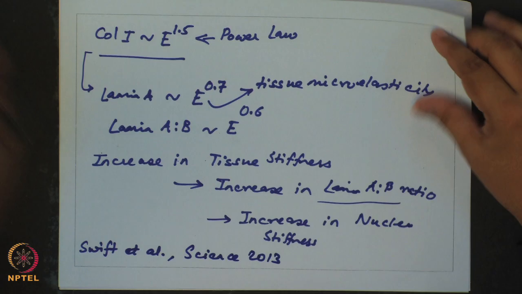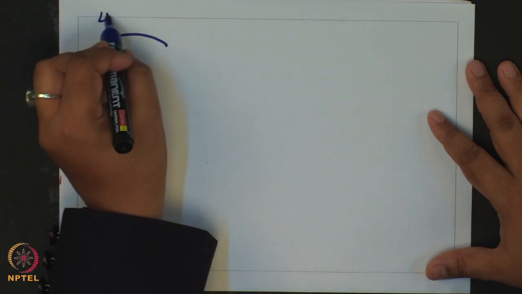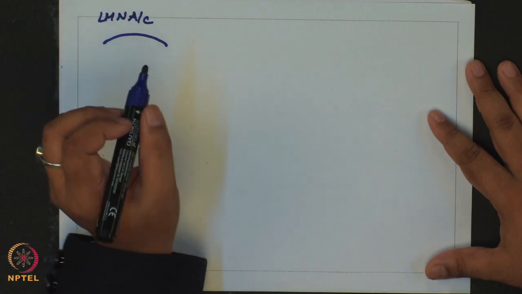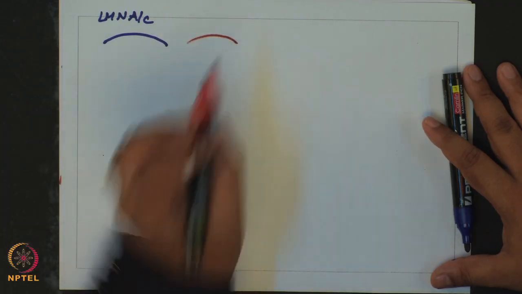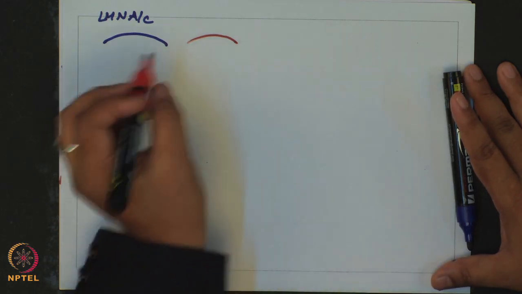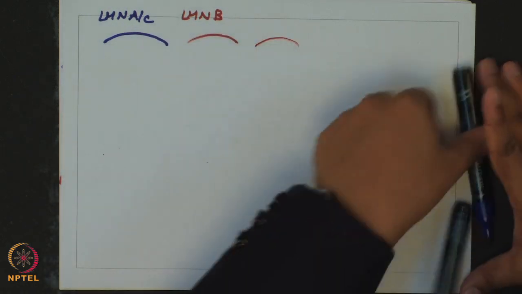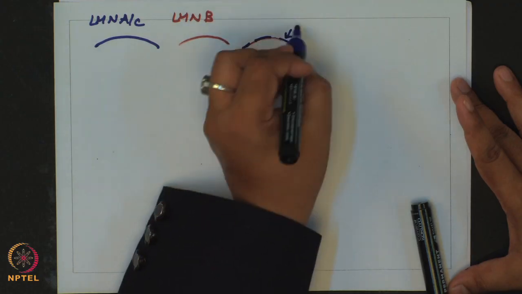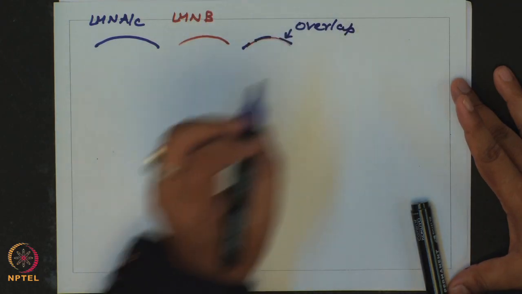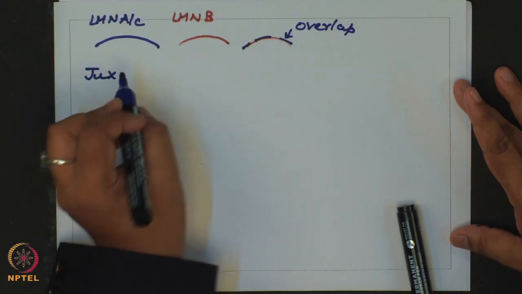In this study the authors also showed that when they look at the nuclear membrane, if this is my lamin A staining and this is my lamin B staining, and you colocalize them, there are segments in which they overlap completely, suggesting that these two networks are juxtaposed.